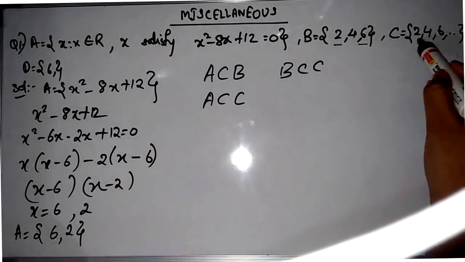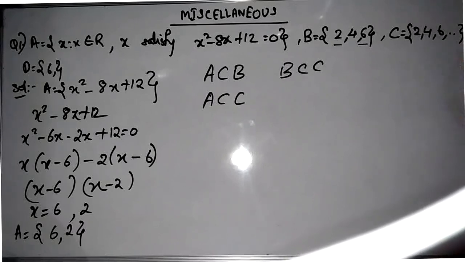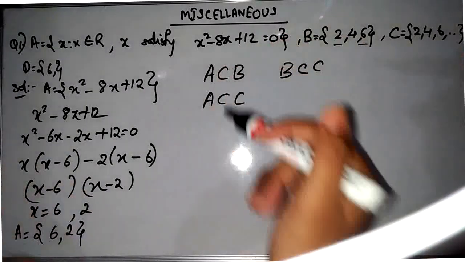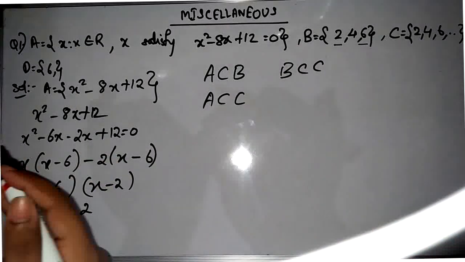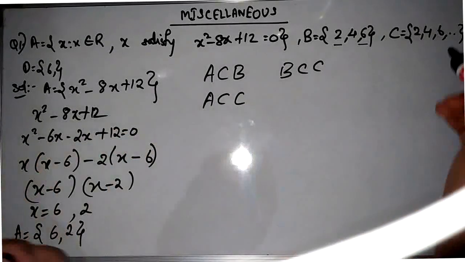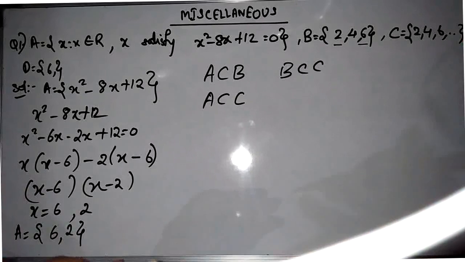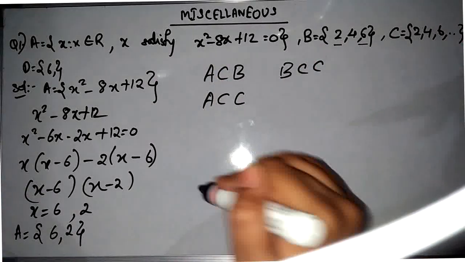Similarly for C, you check 2, 4, 6 and so on. Since it is a never-ending set, C has the maximum number of elements, so it cannot be a subset of any of these three sets.